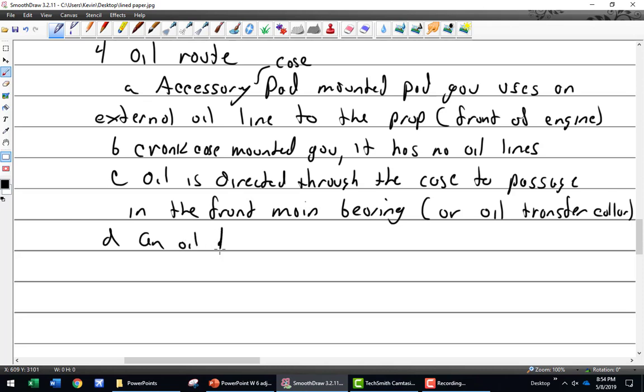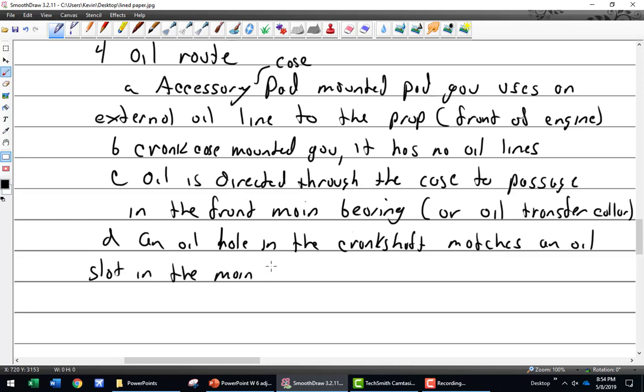An oil hole in the crankshaft matches with an oil slot in the main bearing. The crankshaft matches an oil slot in the main bearing.